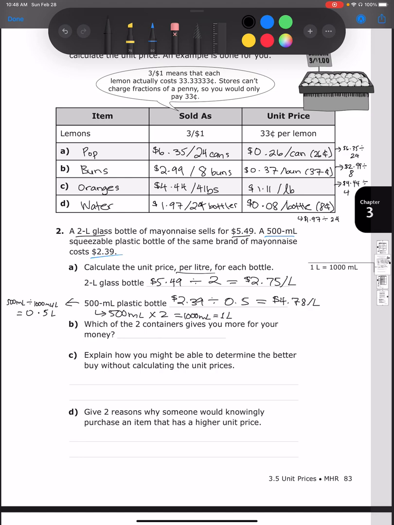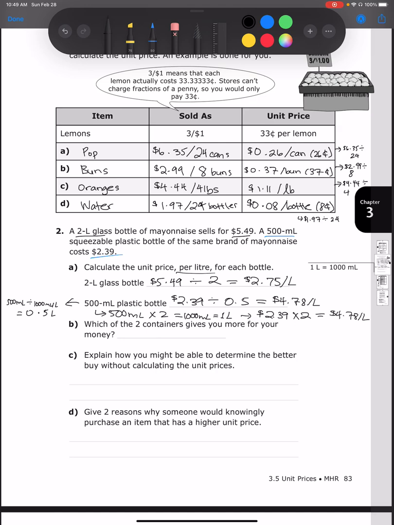So another way you could go about doing this is by taking your total price of $2.39 and now multiplying it by 2. Because $2.39 is the price of 500 milliliters, when you multiply it by 2, it would give you the price of 1 liter. So this would then be the same answer, $4.78 per liter.